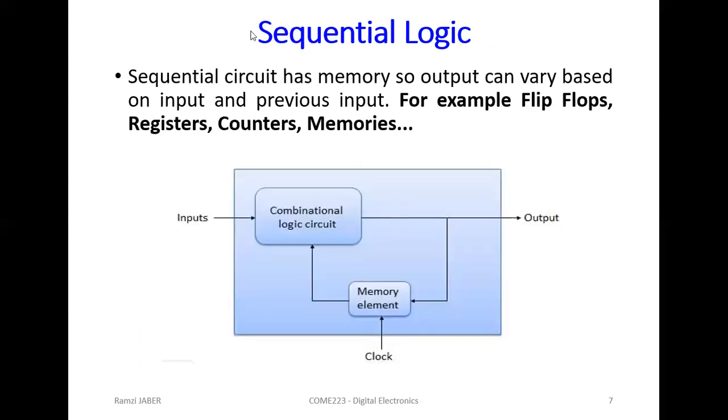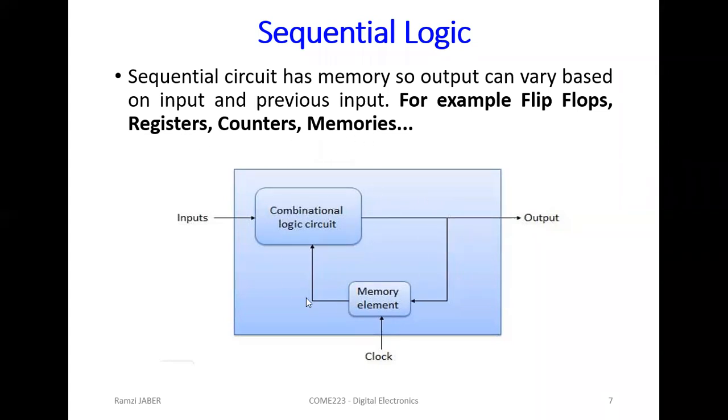Whereas a sequential logic circuit has memory. So the output can vary based on the input and on what is inside the memory. The output will depend on the input and on the memory element. So now we have a time-dependent circuit. Examples: flip-flops, registers, counters, and memories.